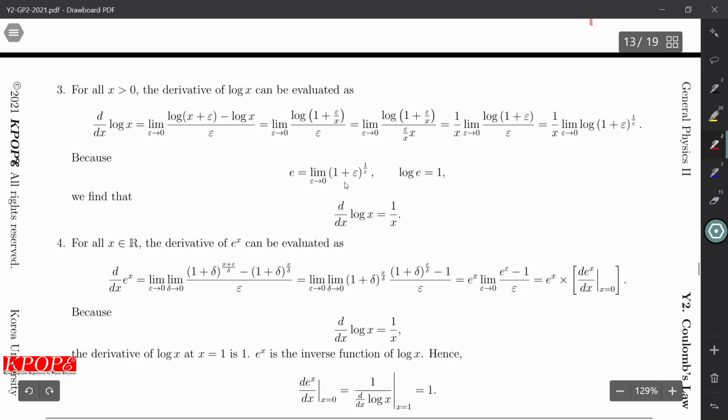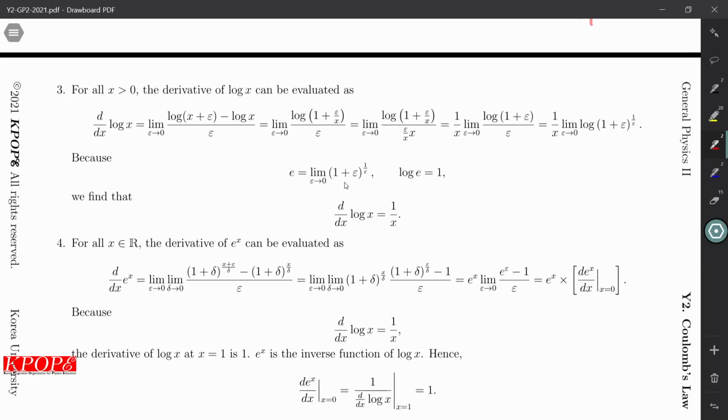Okay, what happens to the log function? For the log function derivative, we use the same definition for the derivative. So if we subtract log of x plus epsilon minus log x, the ratio gives a log of 1 plus epsilon over x.